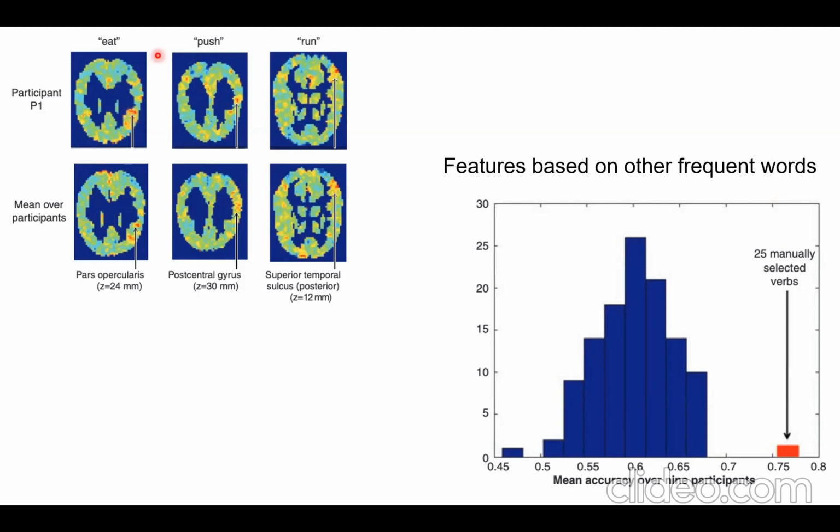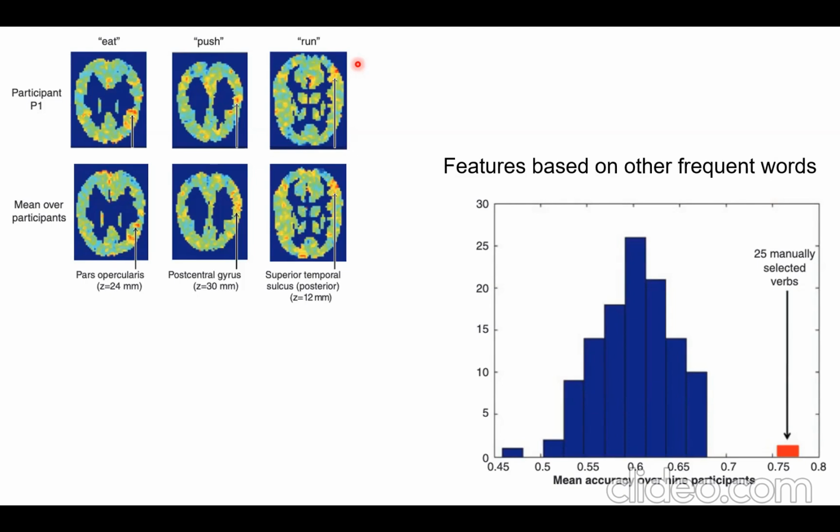It likes to respond to words that are associated with the verb eat. Whereas for push, it's a different region. And for run, it's a third region. So that way we can try to say which voxels code for which type of features that we might be interested in.